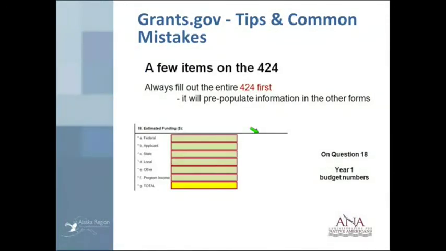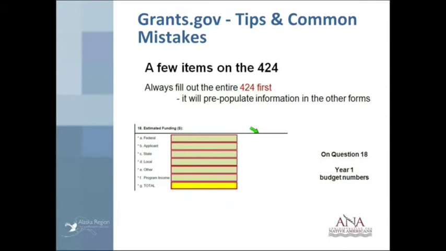Okay, so just a couple of things on the 424 to keep in mind. Remember, like I said, it's going to pre-populate the other forms. You want to fill out this form first, and the 424 is where you put your year 1 budget numbers. So if you're doing a 3-year project, you will not be combining all your federal requests and putting it here.